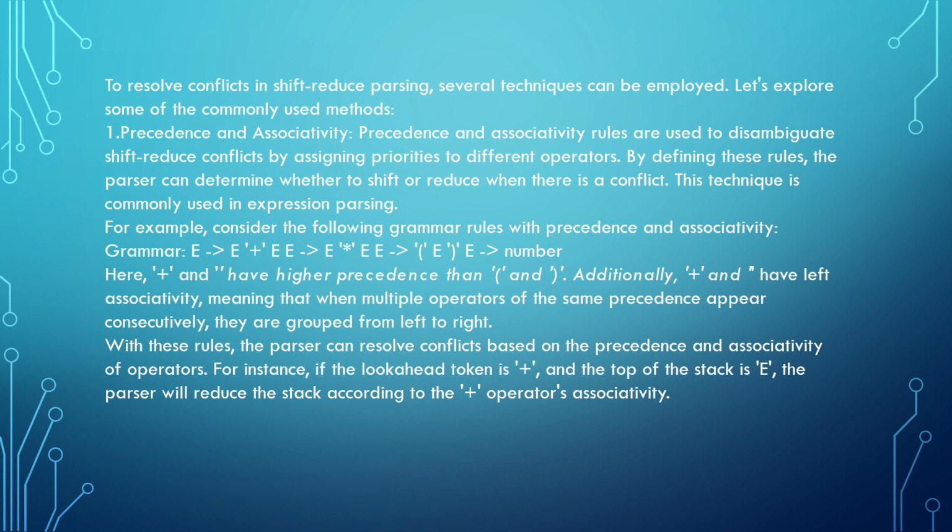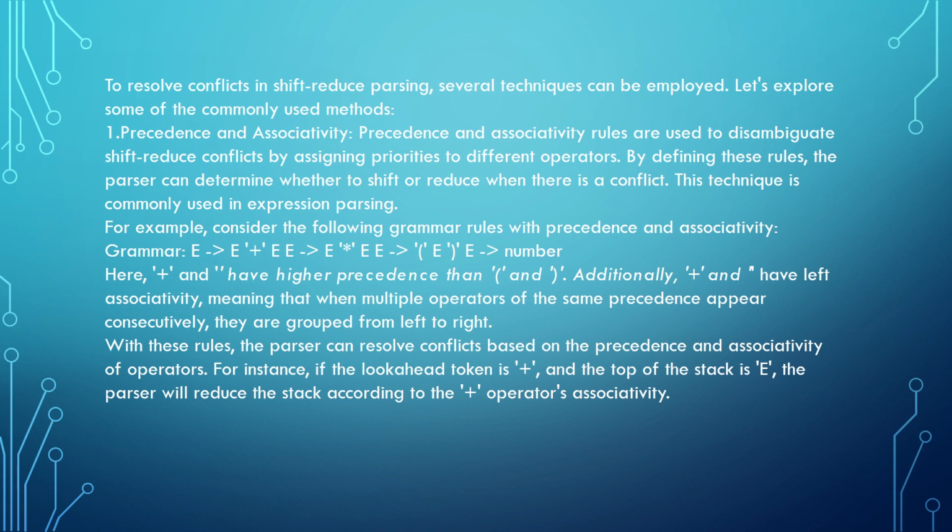For example, consider the following grammar rules with precedence and associativity: E → E + E, E → E * E, and E → number.